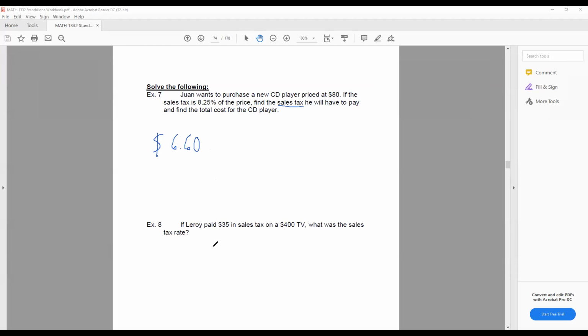All right, number 8. If we paid $35 in sales tax on a $400 TV, what is the sales tax rate? So they want to know the rate. So total is going to be 435, right? There's a couple ways we can do this. He paid $35 in sales tax.